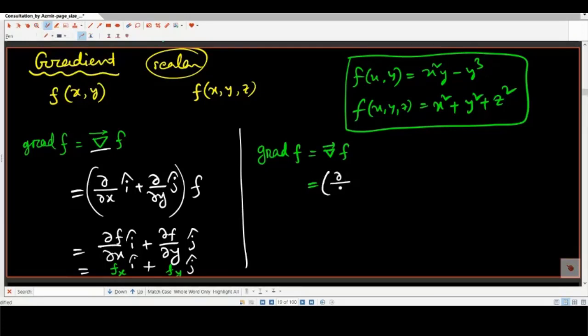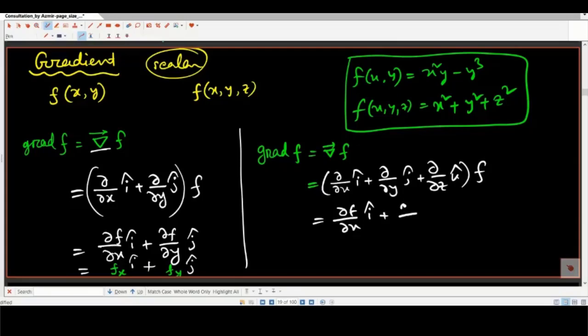Del will be ∂/∂x i plus ∂/∂y j plus ∂/∂z k, times f. So now f will be distributed with all these terms. So that is ∂f/∂x i plus ∂f/∂y j plus ∂f/∂z k.